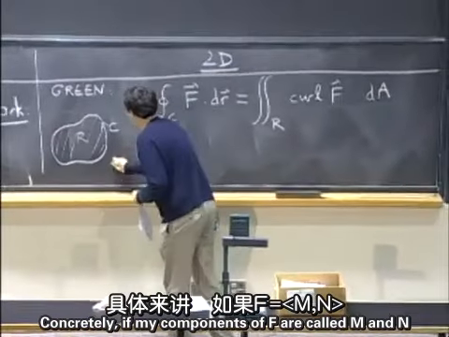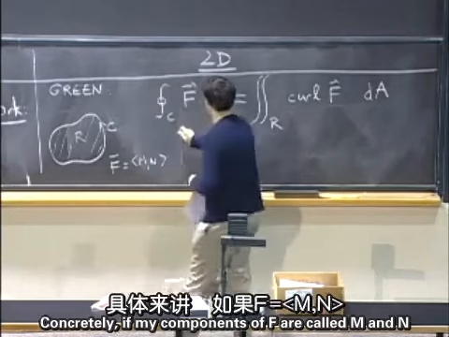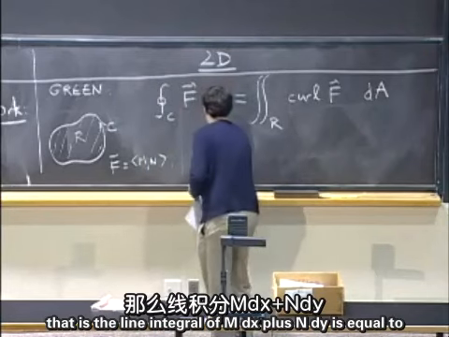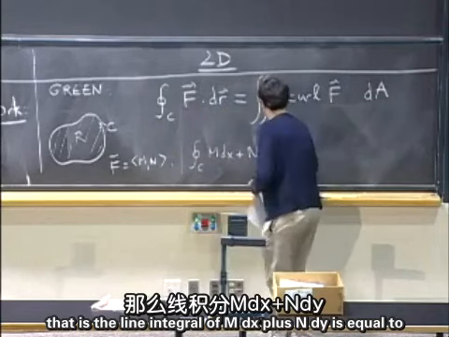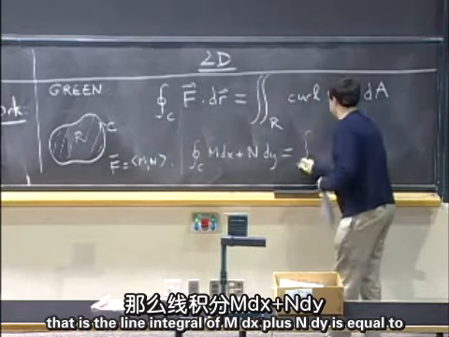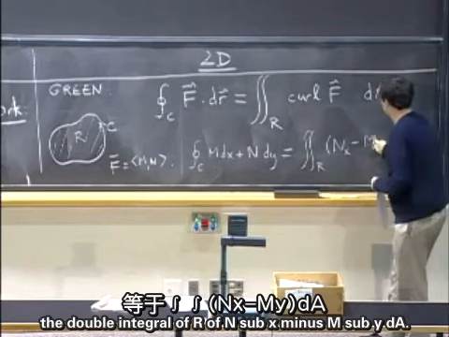Concretely, if my components of F are called M and N, that's the line integral of M dx plus N dy is equal to the double integral over R of N sub x minus M sub y dA.